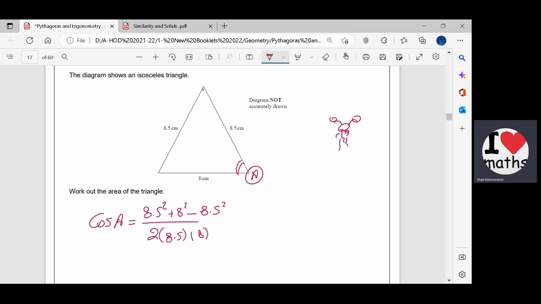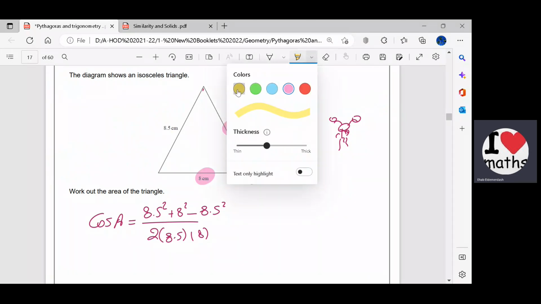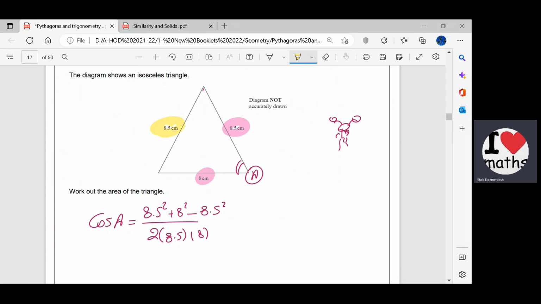What I'm doing is just working as follows. I need to find out the angle, so I will start with these two sides, the first one squared, second one squared, minus the opposite squared, divided by 2 into the two sides. This is the main rule.